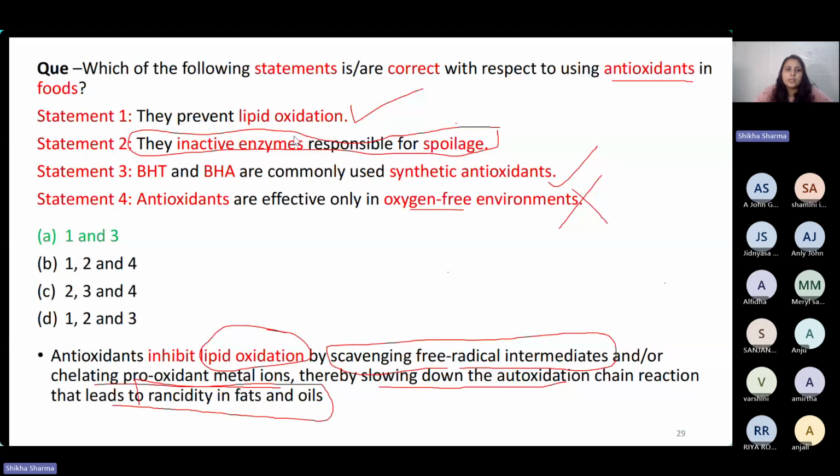Here it says inactivate enzymes, but most of them do not inhibit enzymes; they inhibit the growth of microorganisms.